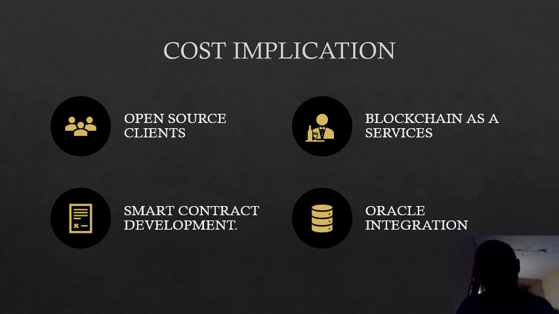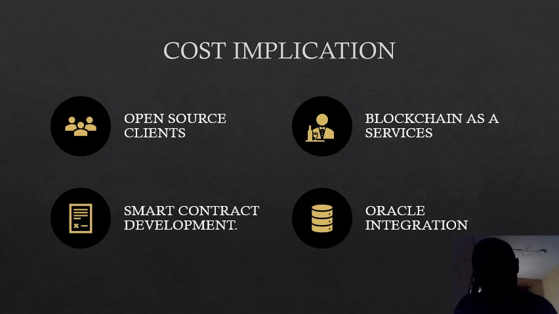Now we have blockchain as a service. If you don't want to go through that route, you can actually make use of a blockchain as a service system. You have these companies that are actually offering blockchain services. They have the nodes, so you just buy into their blockchain system, and then you can host your application there, you can host your ledger there and all that, but you don't own the nodes, because it is in their cloud system.